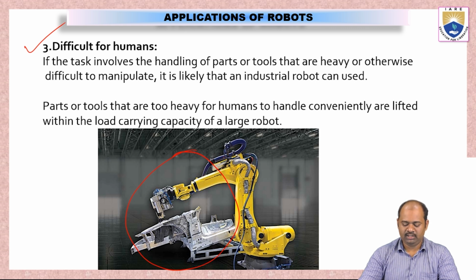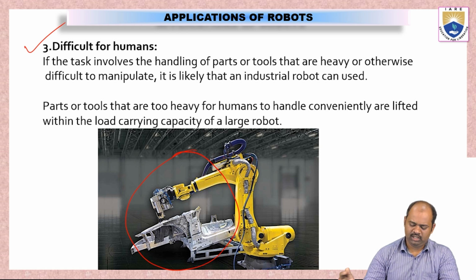That is why we are installing robots for heavy tasks like lifting objects which are very heavy compared to a human being. So if the task involves handling parts or tools that are heavy or otherwise difficult to manipulate, it is likely that an industrial robot can be used.